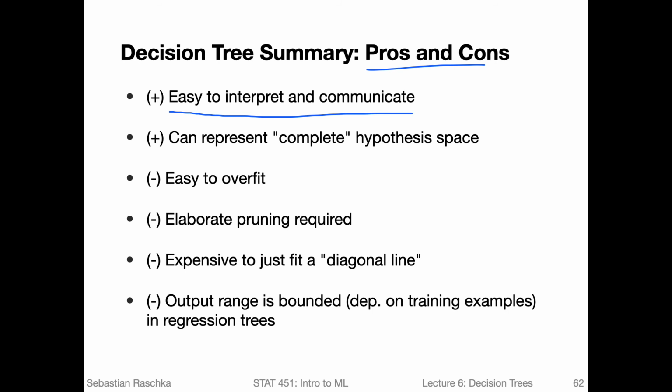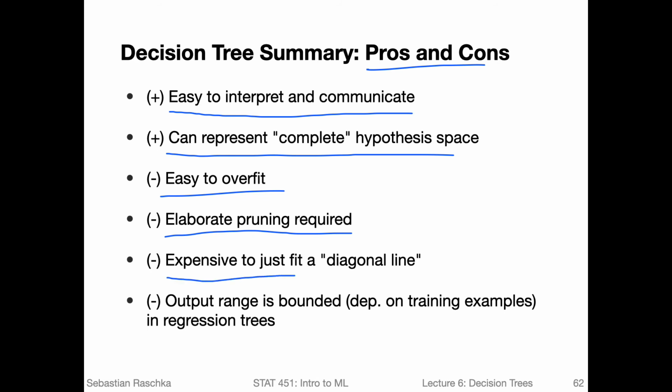And it can represent a complete hypothesis space for binary functions, so it can learn all the binary functions in a hypothesis space if the features are binary feature variables. However, one downside is that it can easily overfit the training data, especially because if you are not careful, decision trees will be very deep, and that would then require pruning, which can be annoying or also expensive.